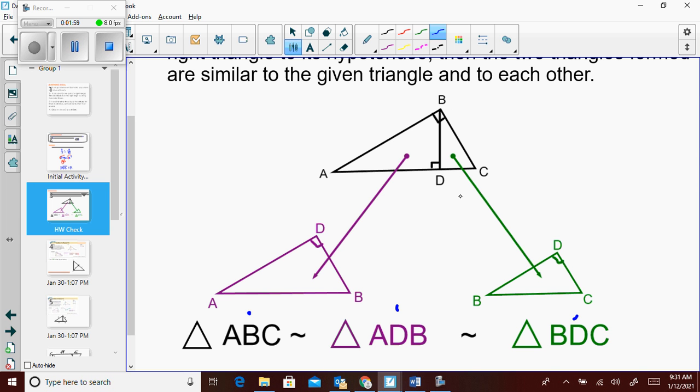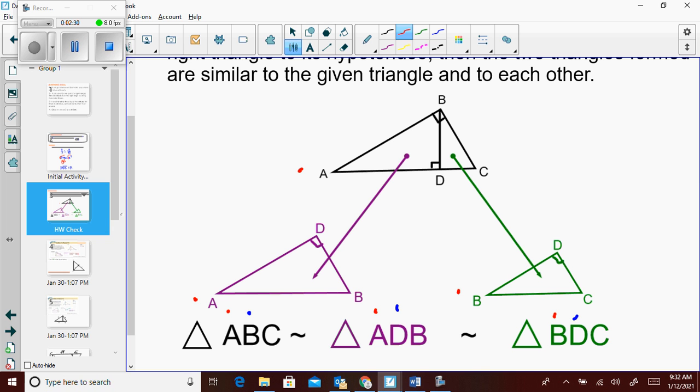It's actually a rotation and a reflection to get this B over to this A. So that's where we have A, B, A, B. And then the C here is the same as the C here. And then this B up in this one turns down there. So all three of these are similar.